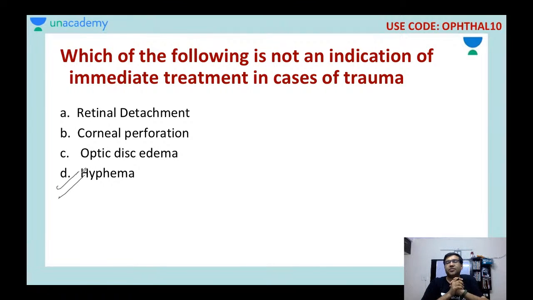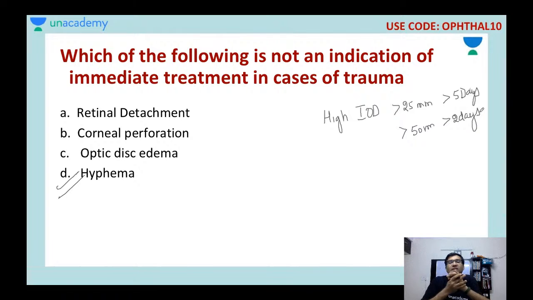Some conditions where you need to drain that hyphema are very high IOP, let's say more than 25 millimeter of mercury for more than 5 days, or if the IOP is more than 50 millimeter for more than 2 days.